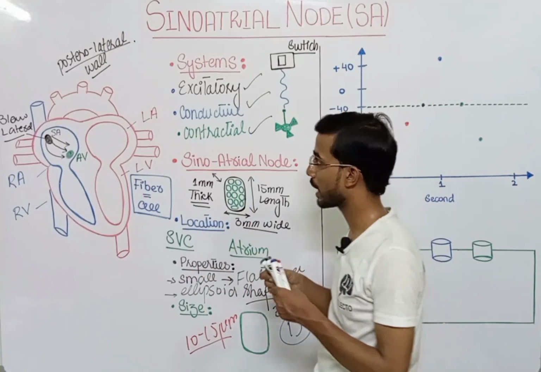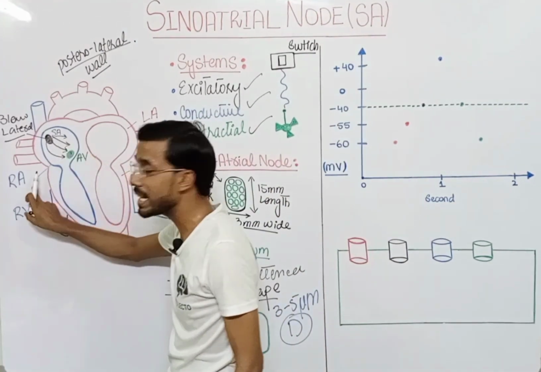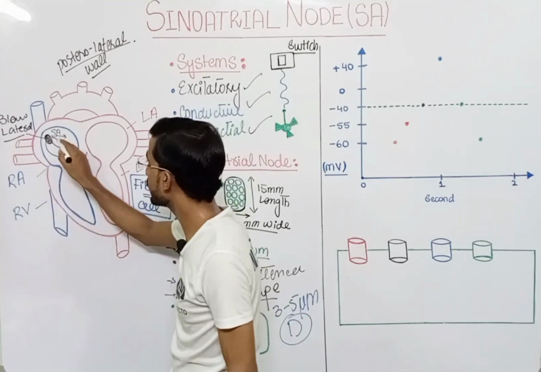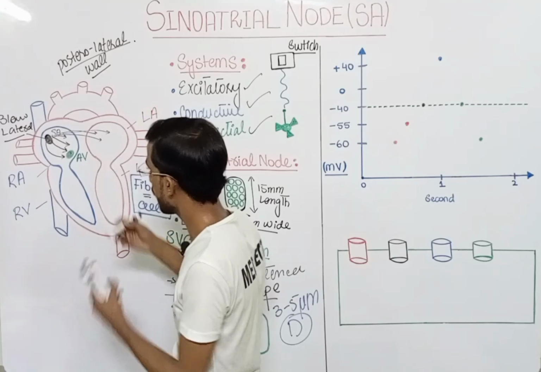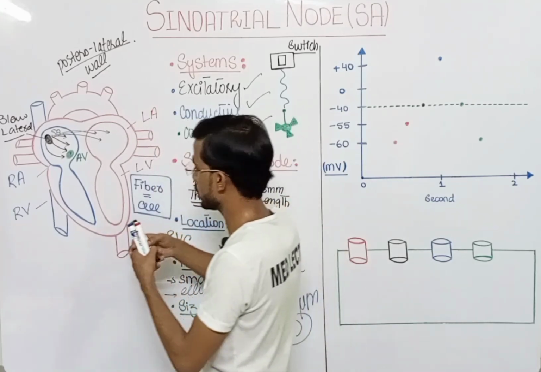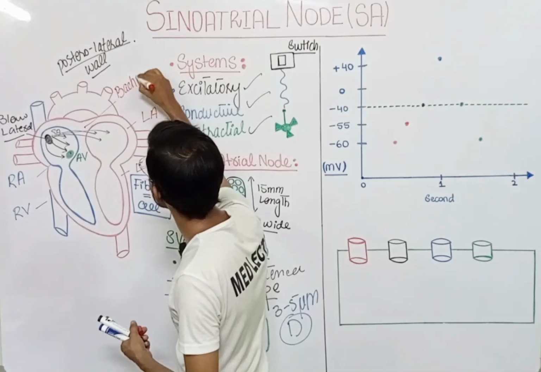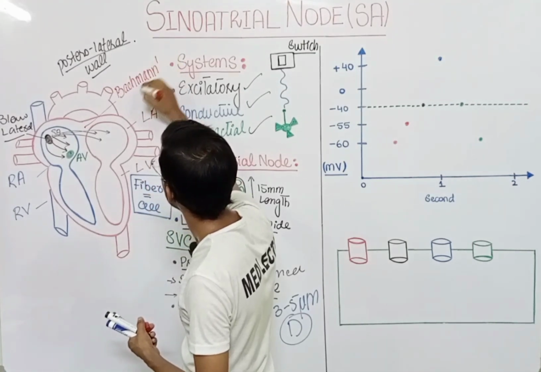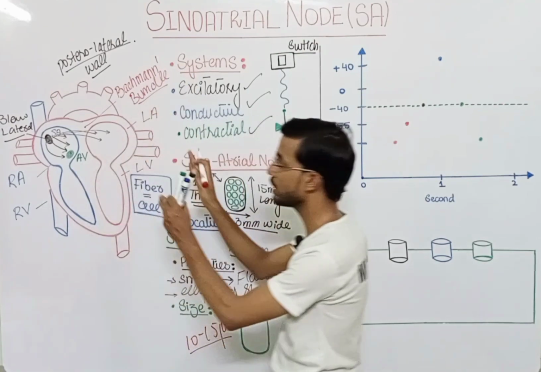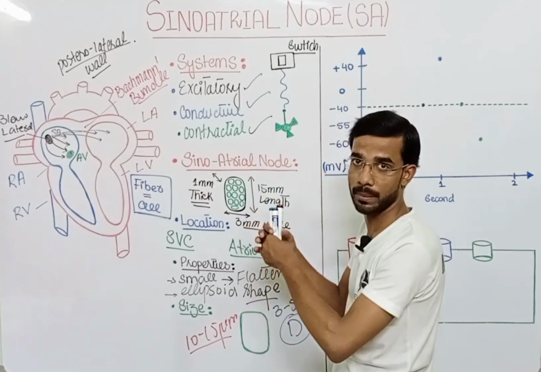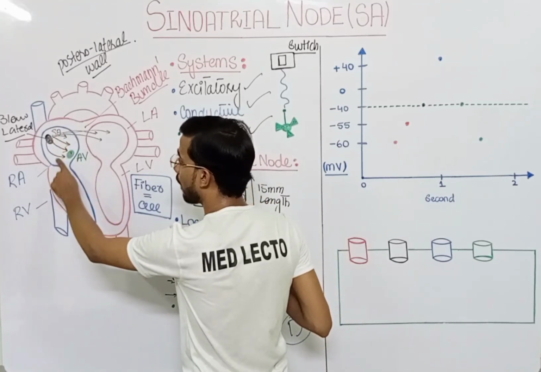Along with that, the signal travels to the right atrium as well as the left atrium through bundles, and that bundle is Bachmann's bundle. The signal travels to the left atrium through Bachmann's bundle, while the signal is present in the right atrium as it is.